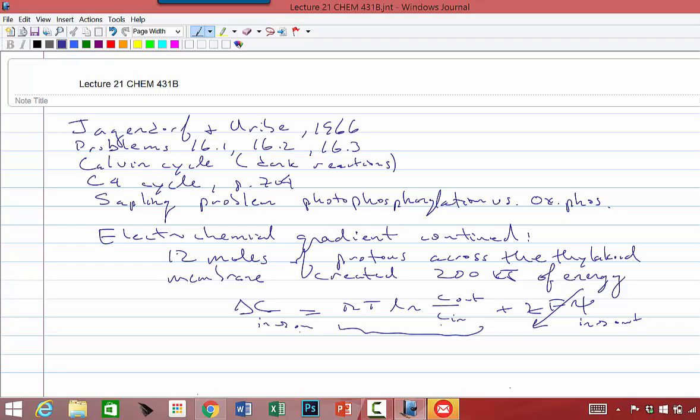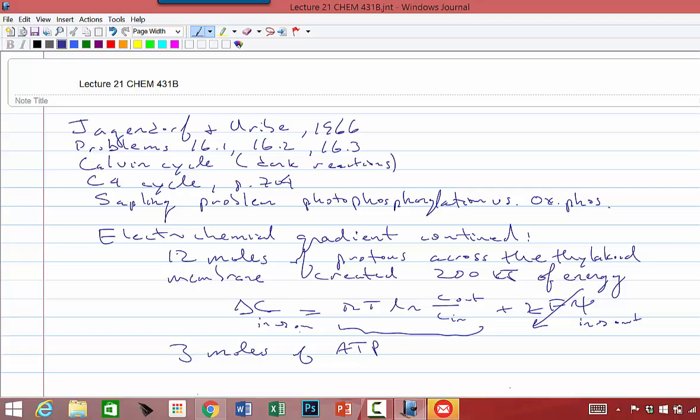Okay. It turns out that we get about 3 moles of ATP from these 12 moles of protons that get pumped across the thylakoid membrane.